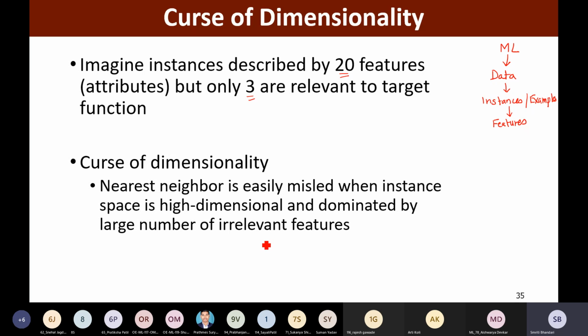The instances are described with lots of features, but many are not actually useful. If we have such irrelevant features in our feature vectors, it may adversely impact the performance of the nearest neighbor algorithm. This is what we mean by curse of dimensionality.